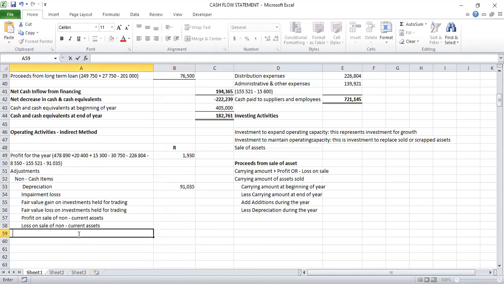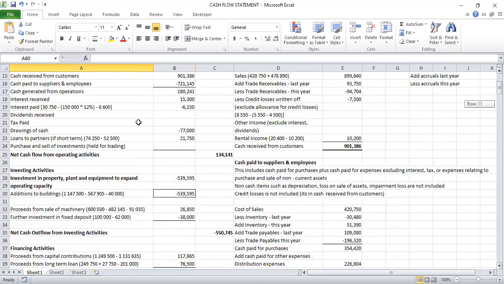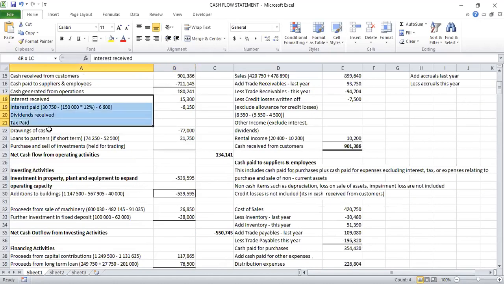Then we also have to have reclassified items. These ones, they involve cash. They are part of cash, but they are reclassified. They are supposed to be shown after the first part. So these things we'll have to reverse them here.